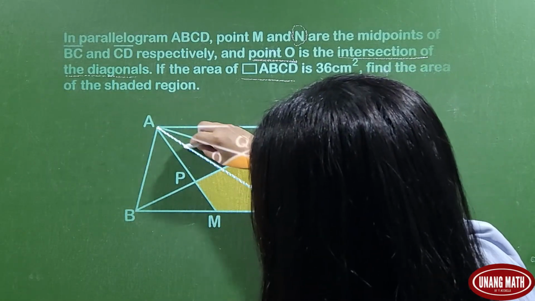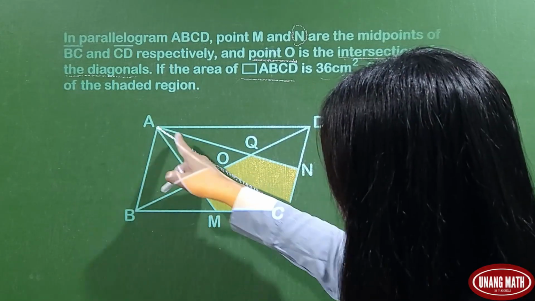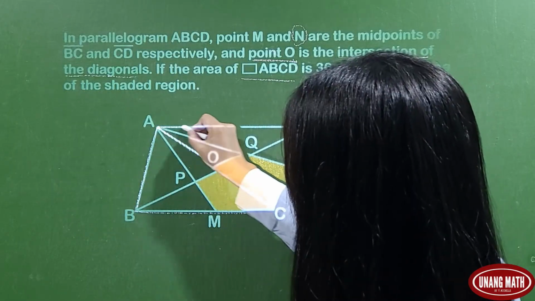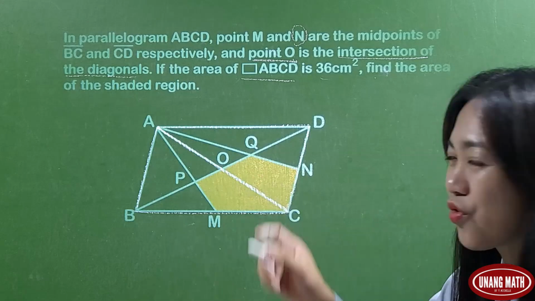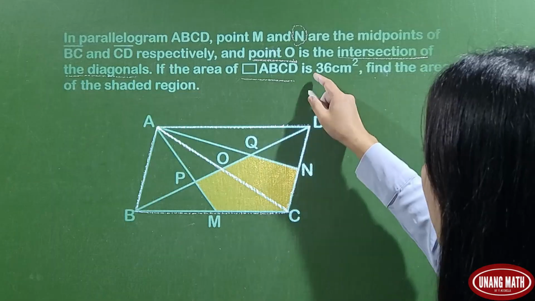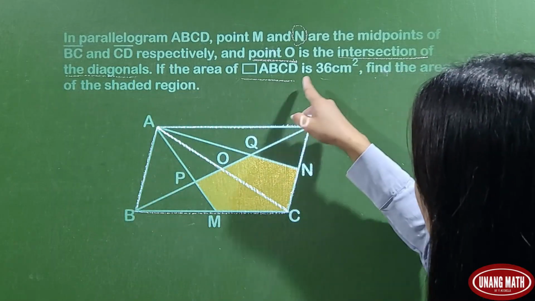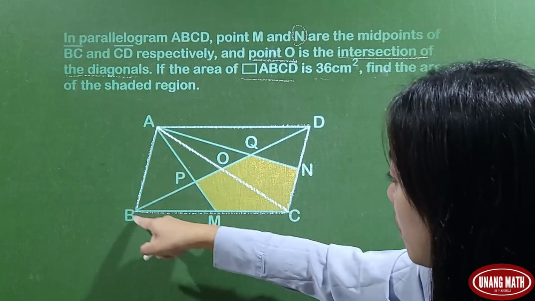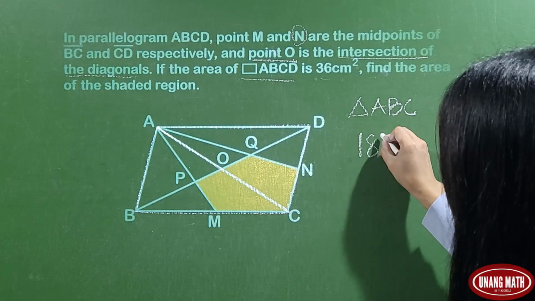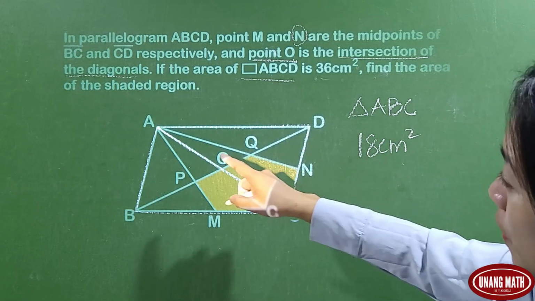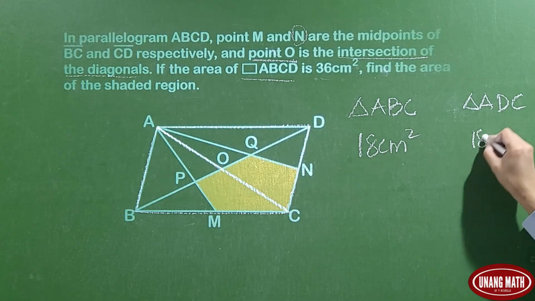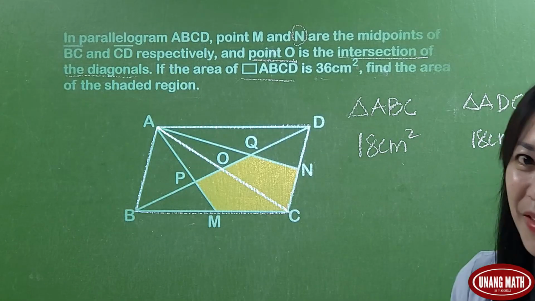When we draw segment AC, we now have triangle ABC and triangle ADC. These two triangles are equal in area. So if the area of this whole parallelogram is 36 square centimeters, then triangle ABC is equal to 18 square centimeters. And triangle ADC is also 18 squared centimeters.